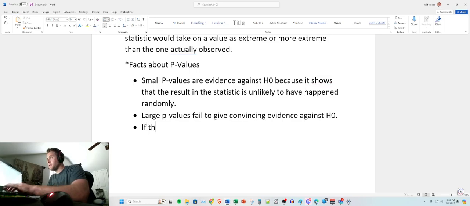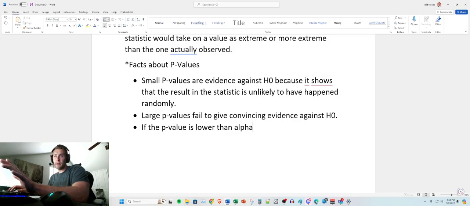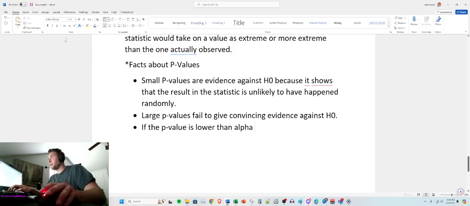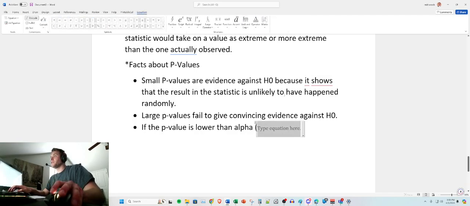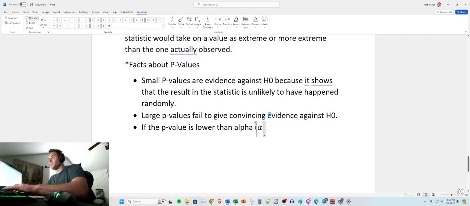So if the p-value is lower than, we're introducing an idea called alpha. You've seen alpha in that z sub alpha over 2 context for the critical value. I'm going to go ahead and insert the symbol in here. Let me find it. It's the Greek, it's the fish. There it is.